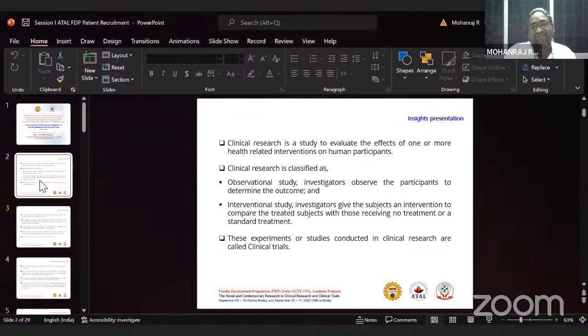As all of us are aware, clinical research is a study to evaluate the effect of one or more health-related interventions on human participants. Clinical research can be of 2 aspects, observational and interventional studies. And the studies conducted in clinical research are called clinical trials.